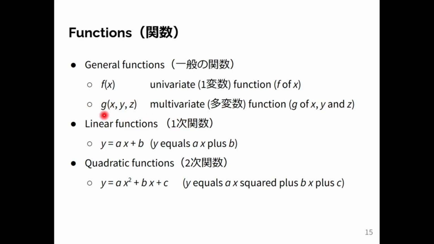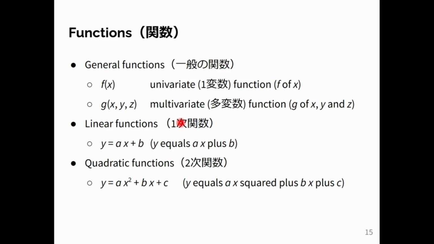And 多変数関数 is called a multivariate function. But if you forget univariate or multivariate, you can just say function of one variable or function of three variables. So there is an easier way to say it in English. So please don't hesitate if you forget some words.